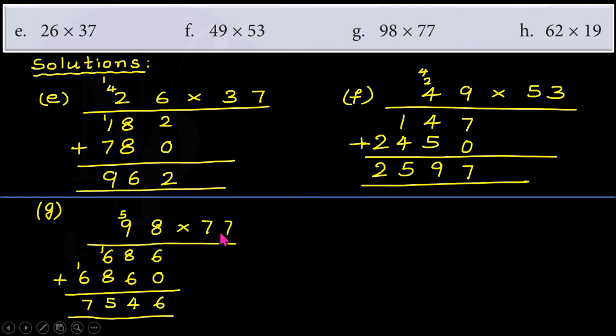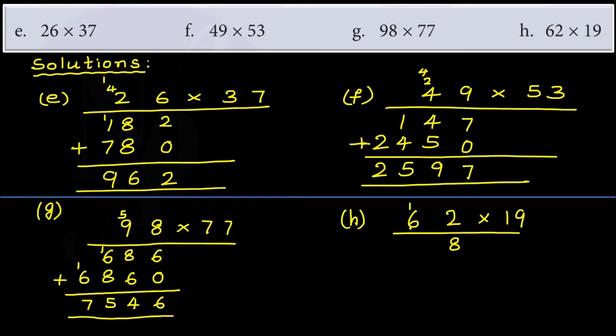Now let us solve the problem H here. 62 into 19. So we begin with the ones place digit, that is 9. So 9 2s are 18. Write 8 here, 1 is carried forward, and 9 6s are 54. 54 plus 1 is 55.